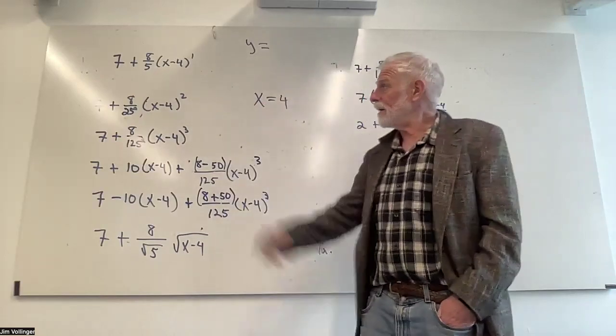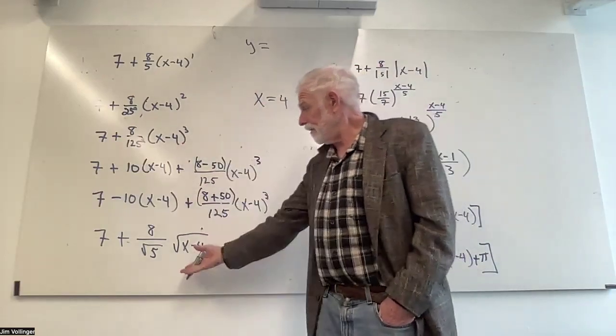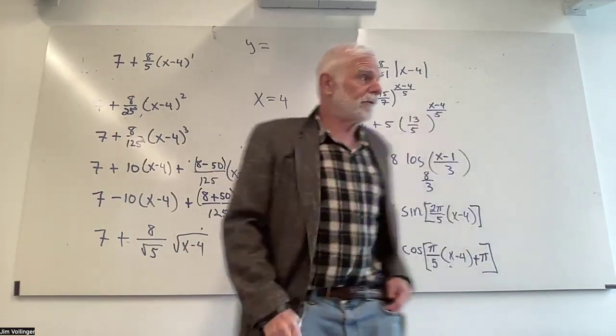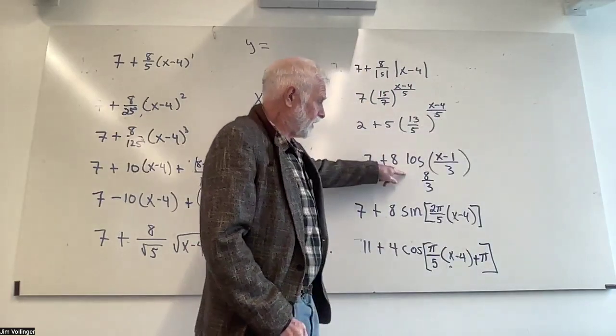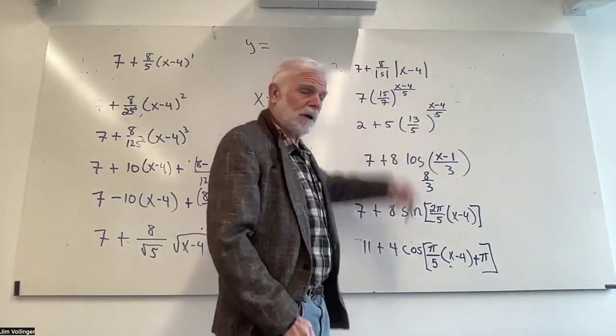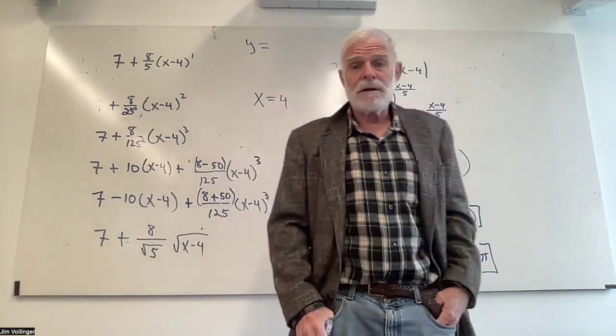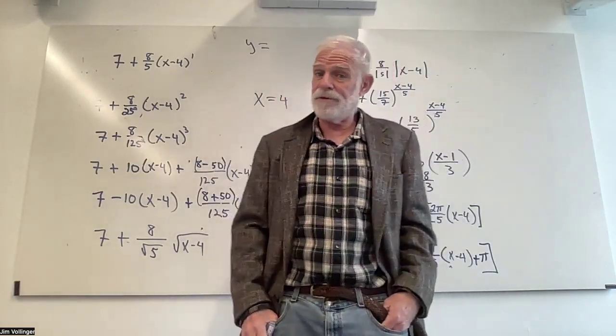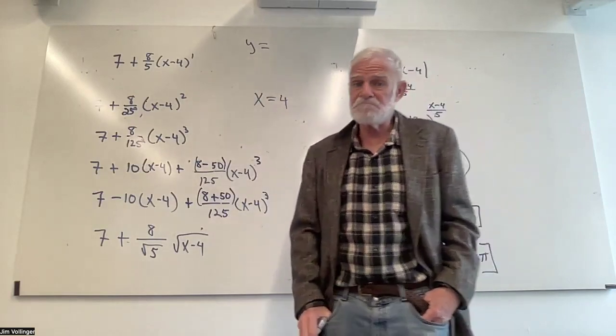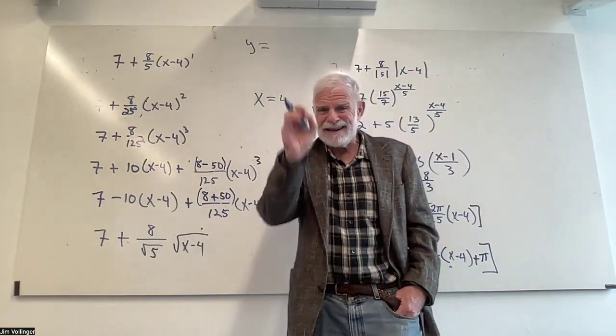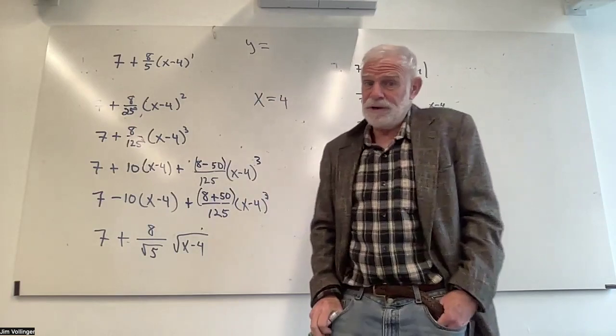Now, what happens when you plug x equals 4 in, especially over here on the left side? On this side it gets a little more complicated with the sinusoids, but nonetheless, 4 minus 4 to the first, second, third power, absolute value, square root, you get a 0. And what did we do day one?